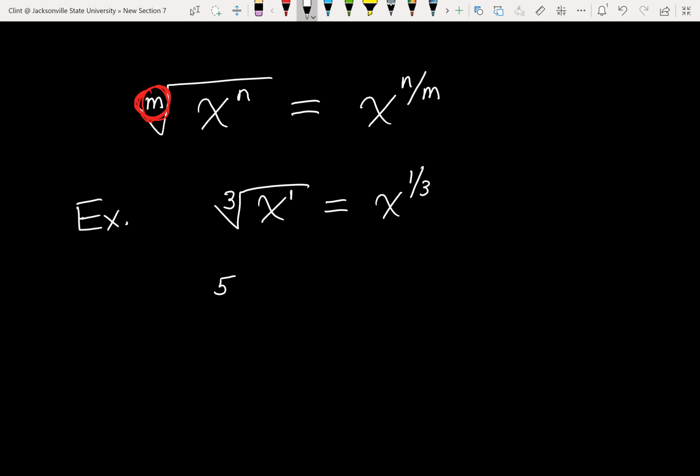What if we have the 5th root of y squared? The index is 5, the number on the radical is 5, so that's going to be our denominator, so we're going to end up with y to the 2/5 power.